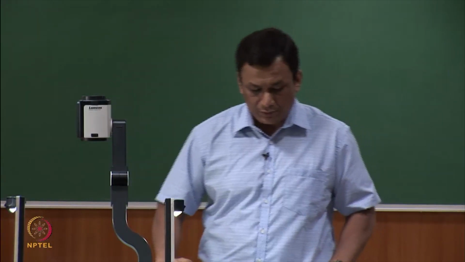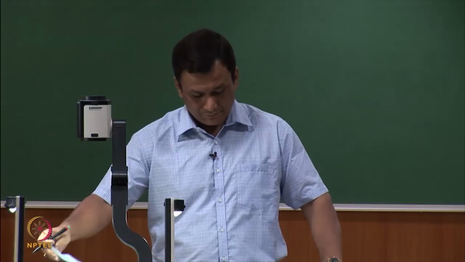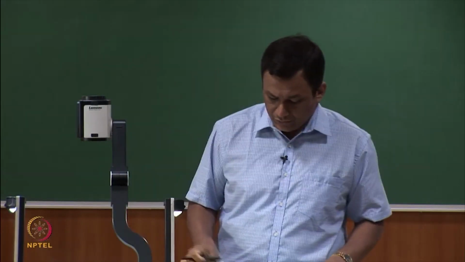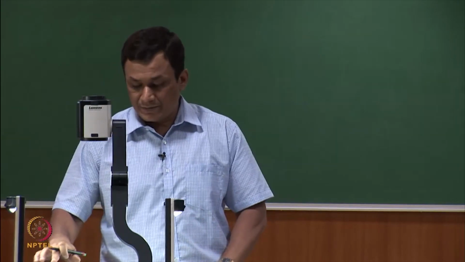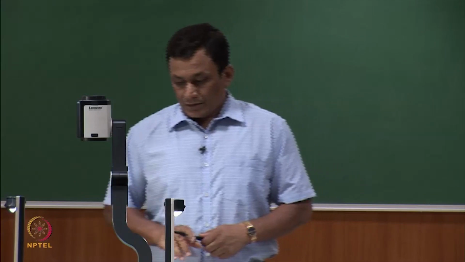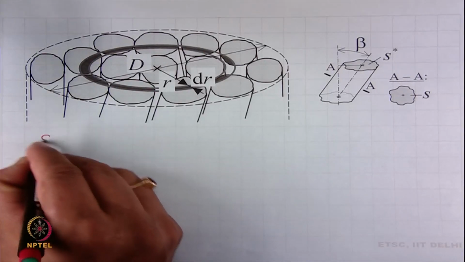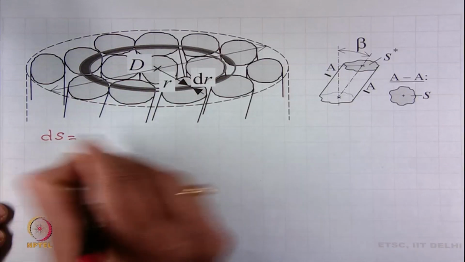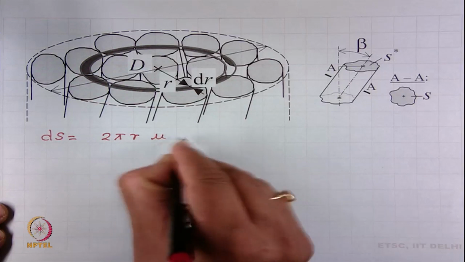Now, we will continue with this image with one more additional image. Here it is shown. So, what we found, dS is 2 pi r mu dr.